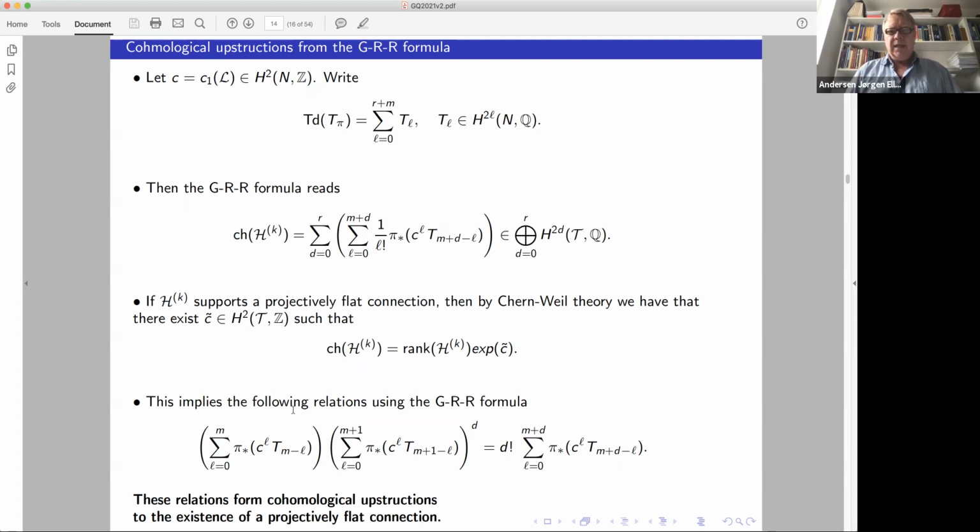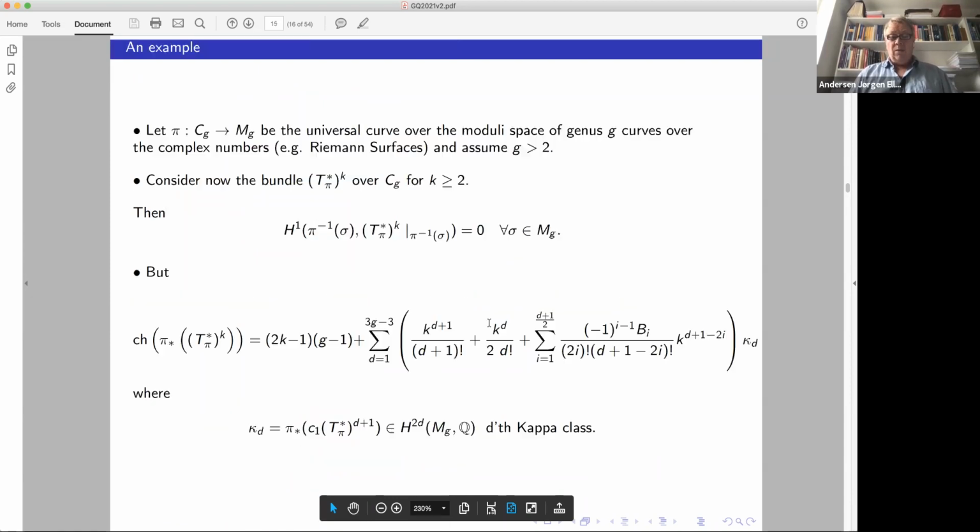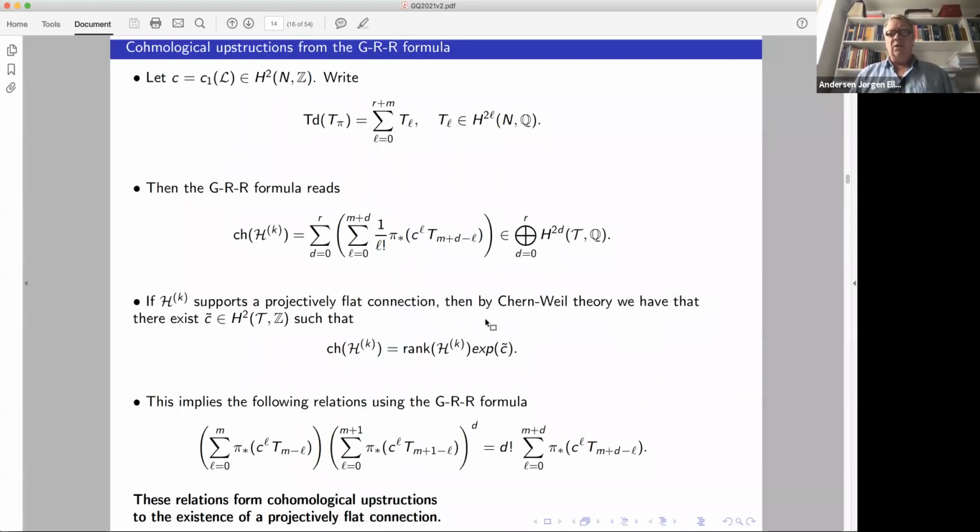And so if I write out what this means explicitly in terms of the C and these isotypical components of the top class, it simply says that the degree 0 part here, which we just discussed is the rank, times, then you take the degree 2 part in cohomology and you lift it to the d power, that must be via this exponential here, d factorial times the d's part of that expression. And so this provides obstructions for the existence of projectively flat connection in this case here.